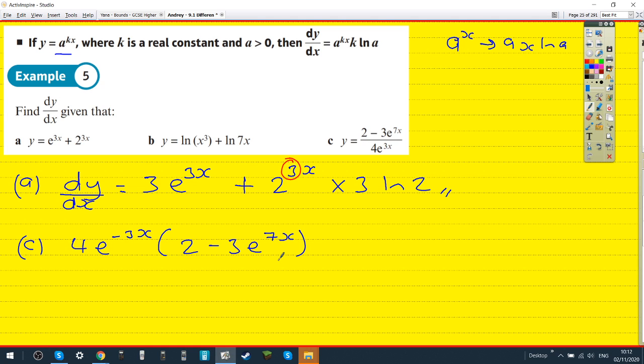Is that going to be like 8e to the minus 3x? Mm-hmm. And then minus 12e to the 4x? Yep. And then you would differentiate that. And so will that then become minus 24e to the minus 3x?